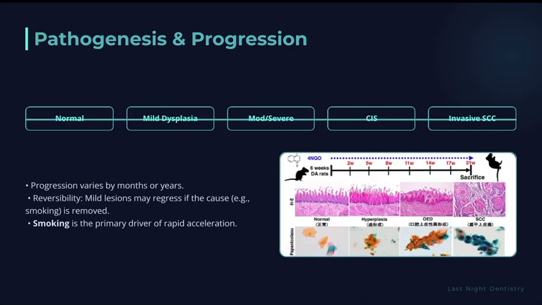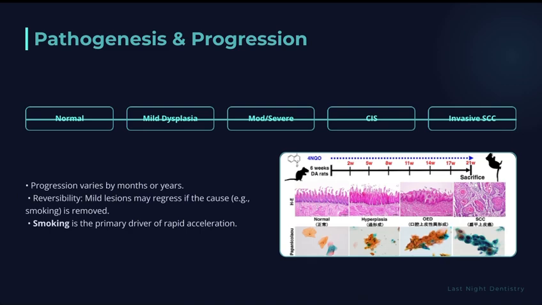Now, moving towards the disease progression. Now, let's understand how cancer develops. Oral squamous cell carcinoma usually does not appear suddenly. It develops gradually over time.